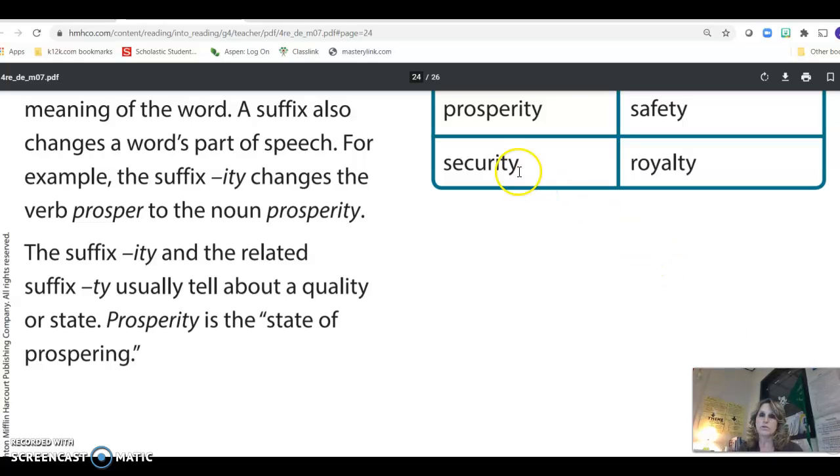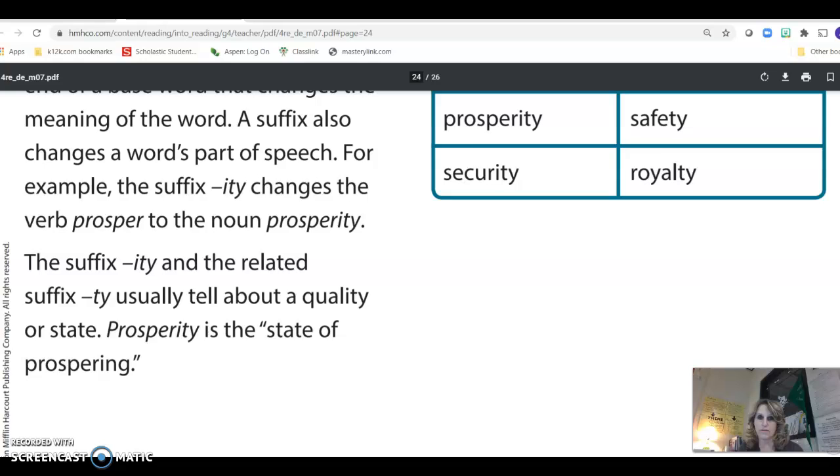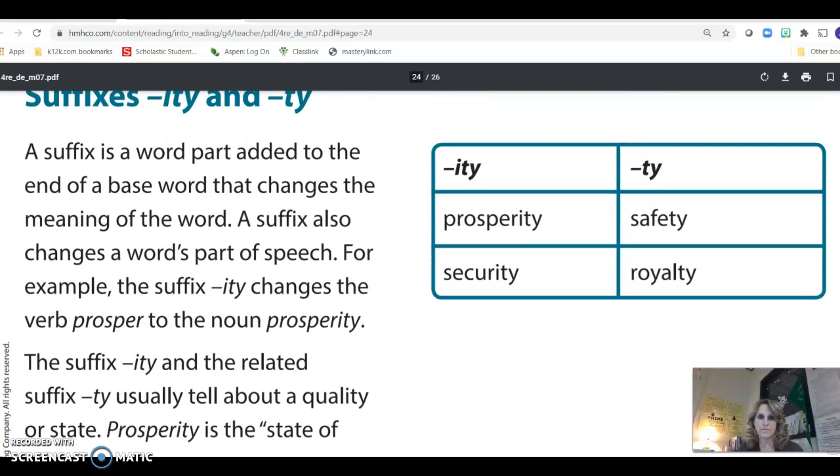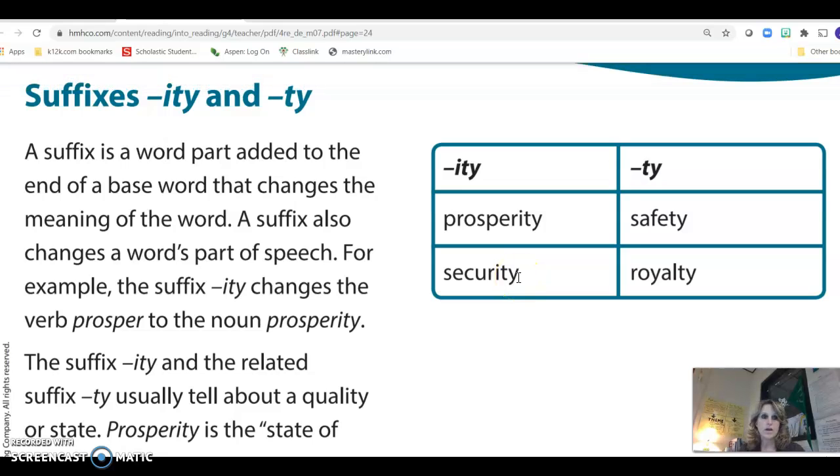If you look at the word security, and you take the ity off of it, I have the root word secure. It says that it is the state of something or the quality of something. So if I look at secure as my main word and add ity, security means the state of being secure.